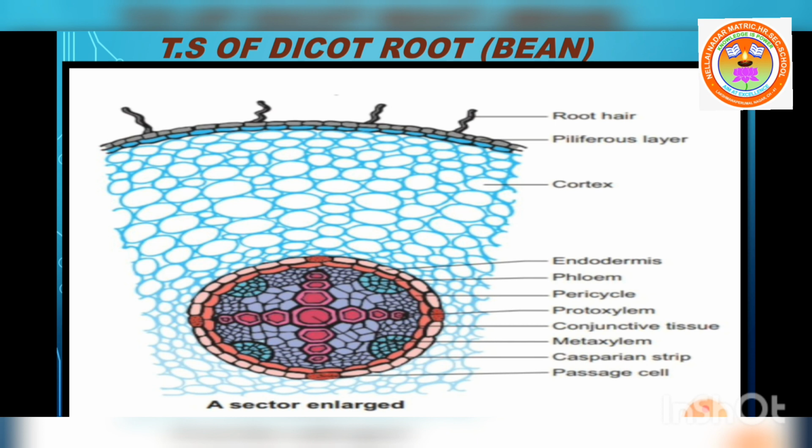Cortex is a multi-layered large zone made of thin-walled parenchymatous cells with intercellular spaces. It stores food and water. So the major function of cortex is storage.